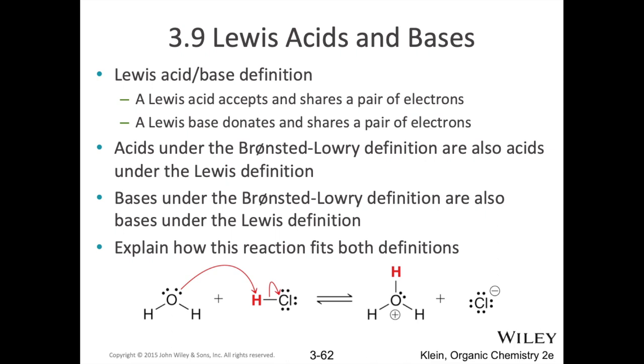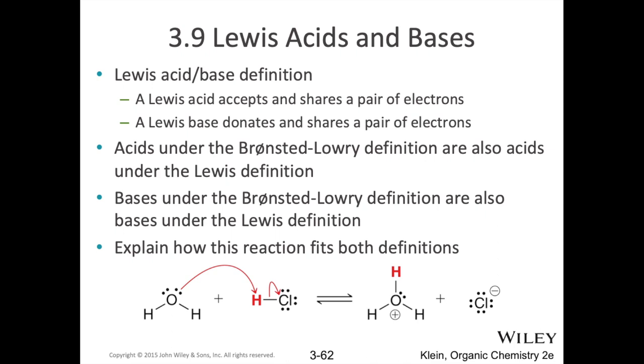If you didn't see it before in Gen Chem, the third definition of acids and bases is the Lewis definition. The Lewis definition is similar to the Bronsted-Lowry definition. The only difference is it's kind of flipped, where the Bronsted-Lowry definition looks at protons, the Lewis definition looks at electrons.